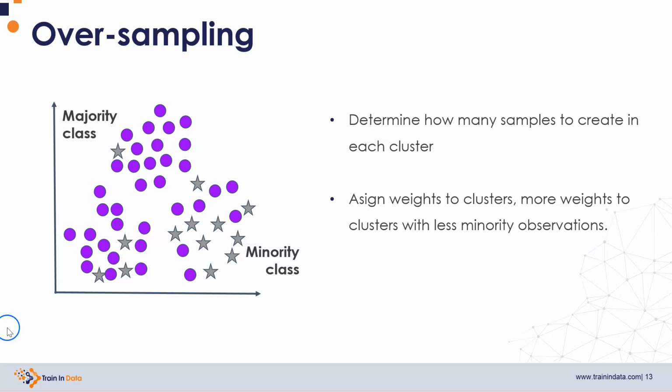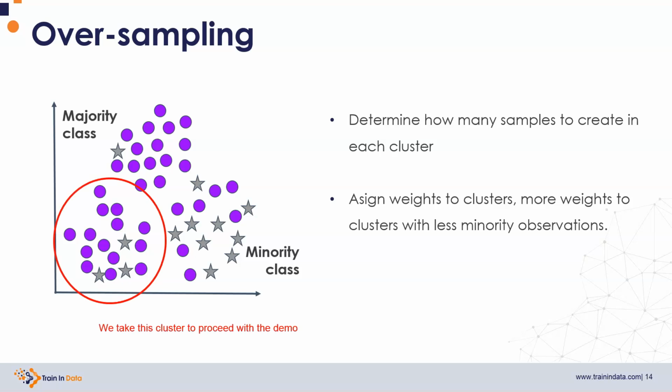Now, in the previous step, we selected, for example, this cluster and this cluster. Now we need to select how many observations I want to create here and here. And to do that, we're going to assign weights to the clusters, and we will assign higher weights to clusters with less observations from the minority.